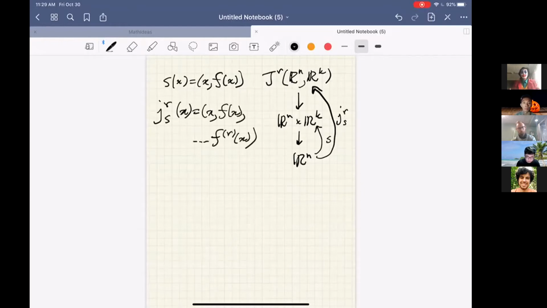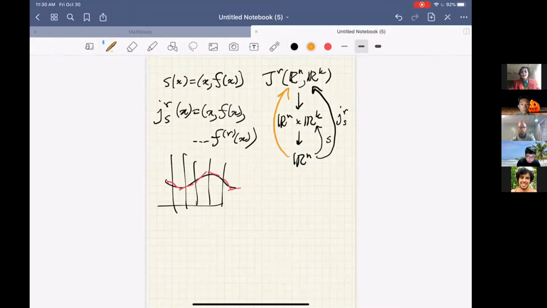Okay. And we remember what that looks like. You know, sections locally look like graphs. It's got all this tangent information. However, notice you can have a section up here. Now, the question is, does it come as a section down here? And that's not always the case, right? Because suppose you have a section upstairs.